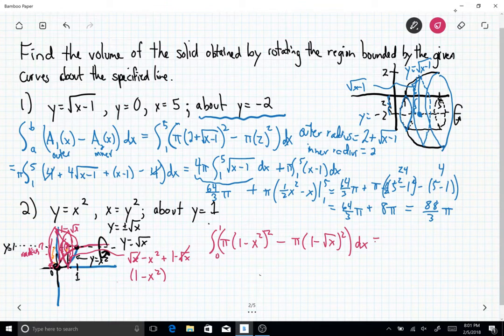Okay, so taking a look at this thing, what do we get? Well, we get the integral from 0 to 1. We can pull out the pi. When we square that first term, we get 1 minus 2x squared plus x to the fourth, minus, we've already pulled out the pi, but remember we're going to subtract all this quantity, so it goes 1 minus 2 square root of x plus x, and we have a dx sitting right there.